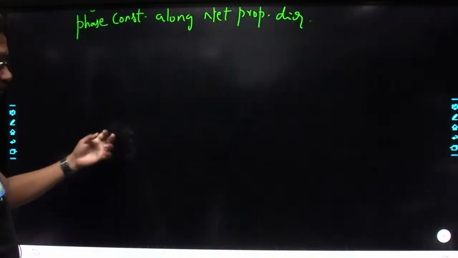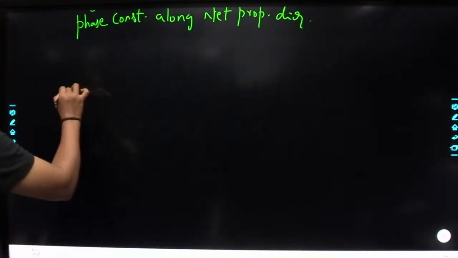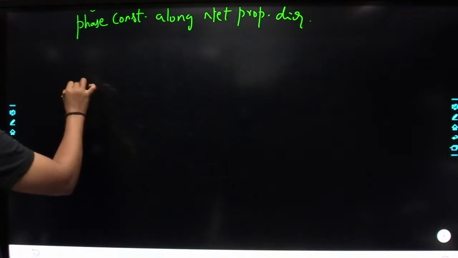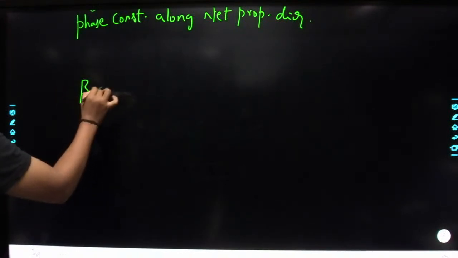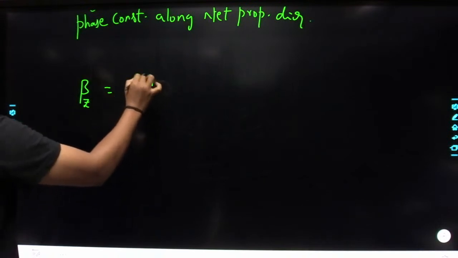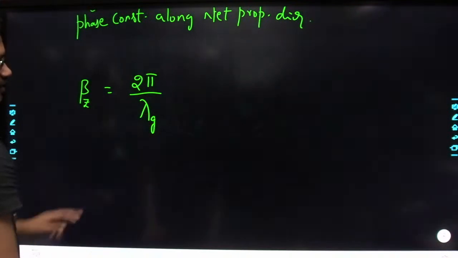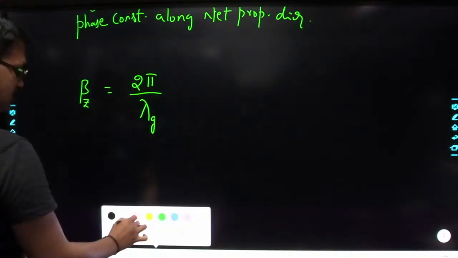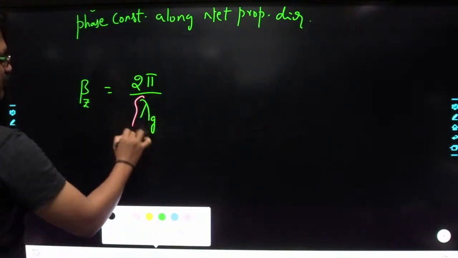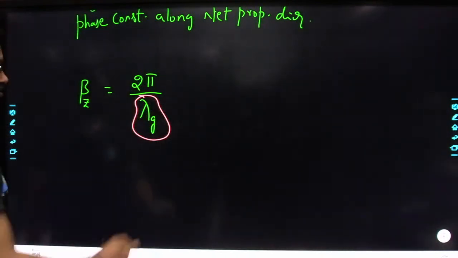which is called the guided wavelength. So beta z is equivalent to 2 pi by lambda, but here that lambda is the guided wavelength, the wavelength defined along the net propagation direction.